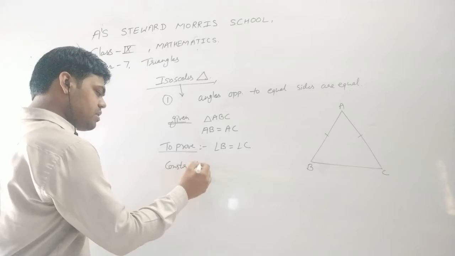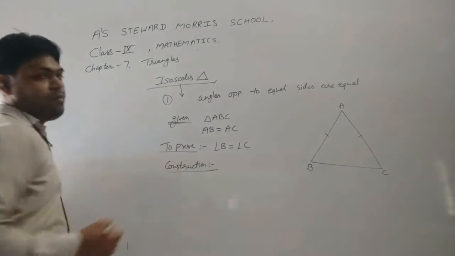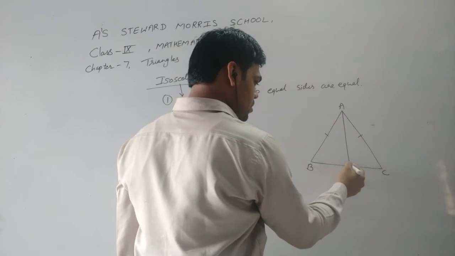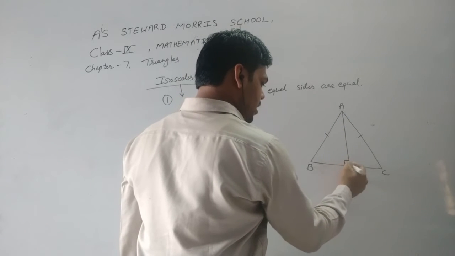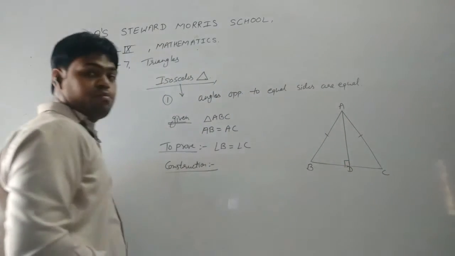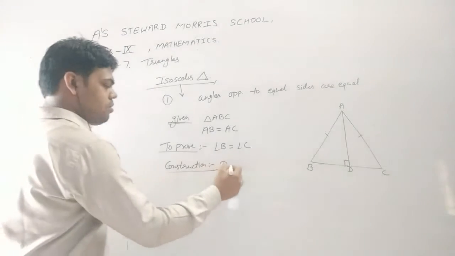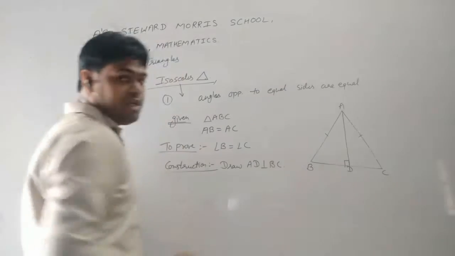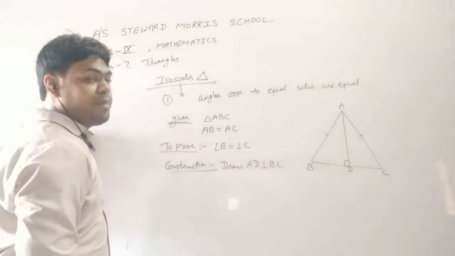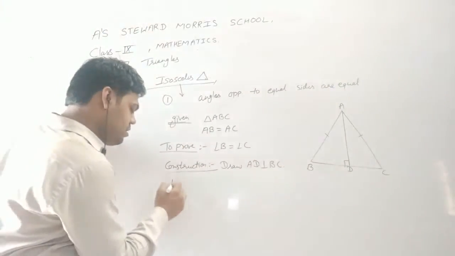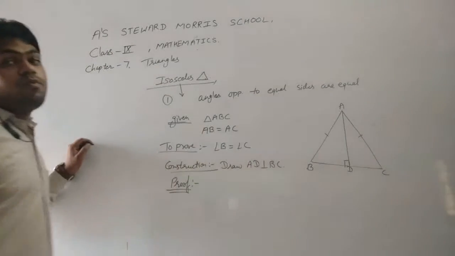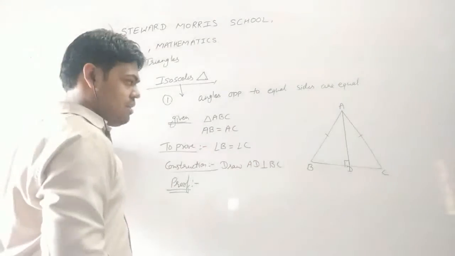Now construction we need to do. We can draw a perpendicular here. So we are drawing AD perpendicular on BC. Now by this process, in the proof section, this will be proved by using congruency again.